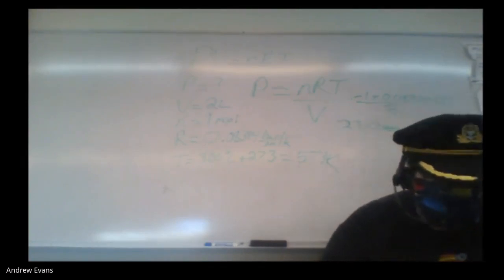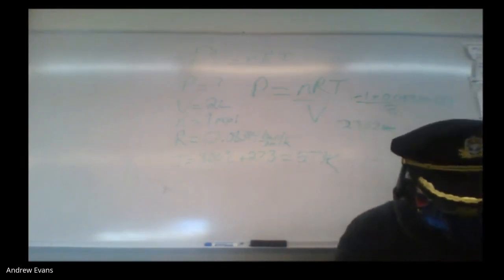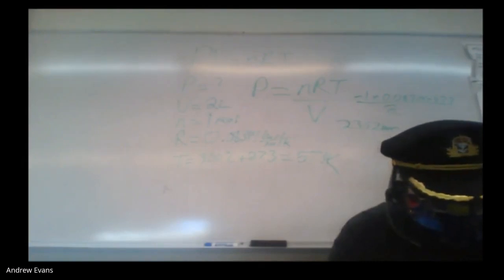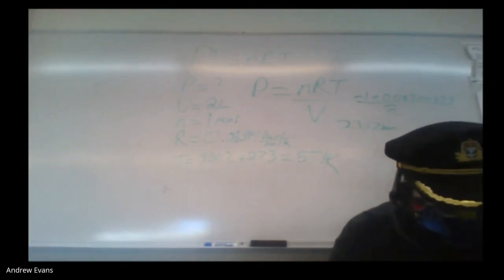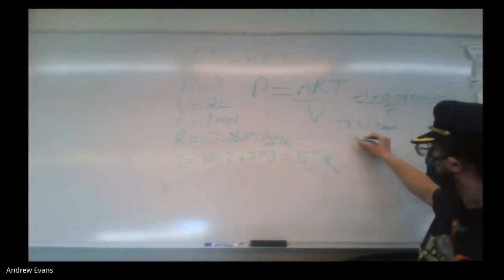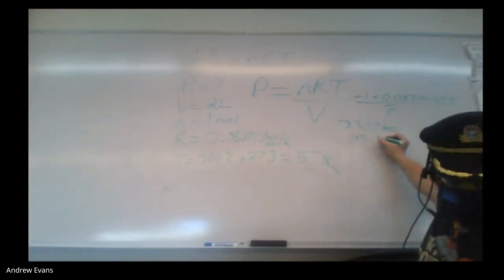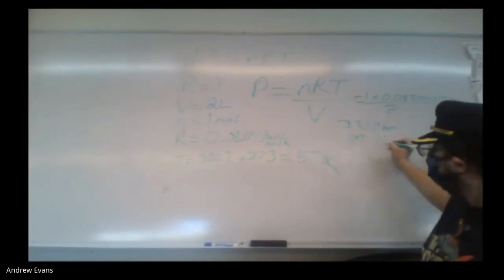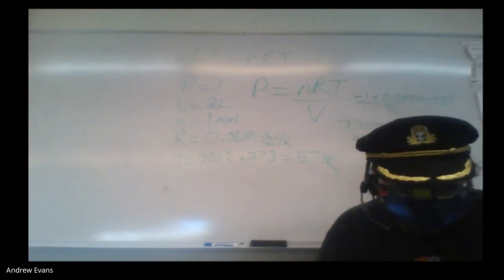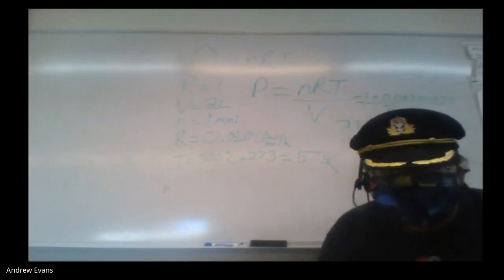Now, hypothetically, say you didn't remember the correct R. What happens if you had used 0.08206, if you had accidentally switched it up? What answer would you have gotten? 23.51. So it is a rounding error at best.